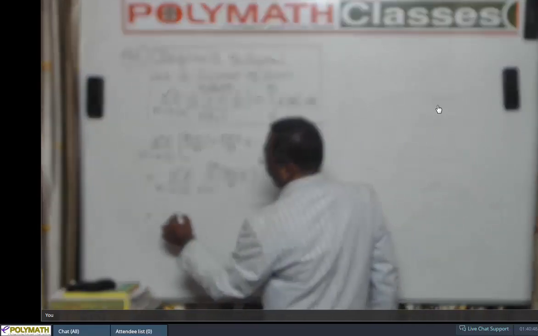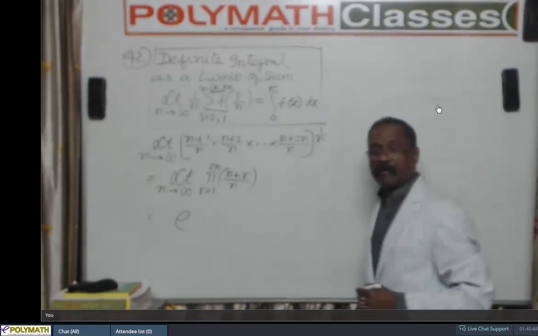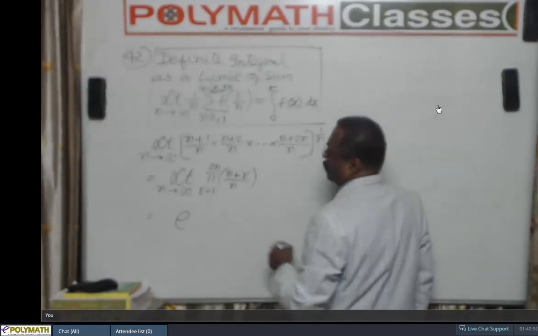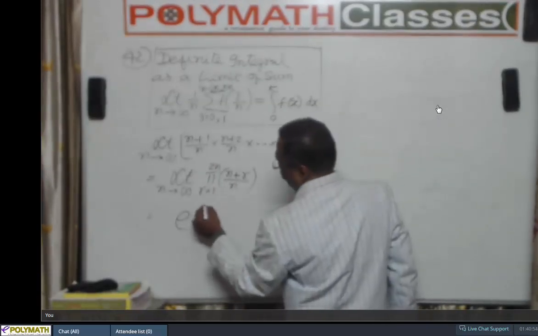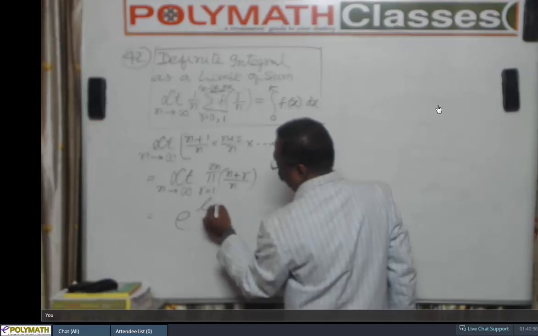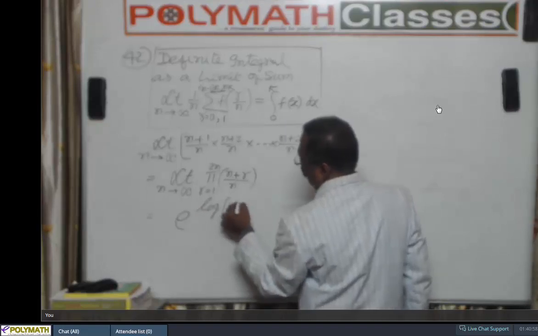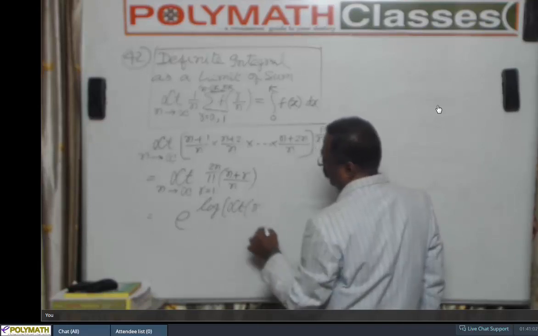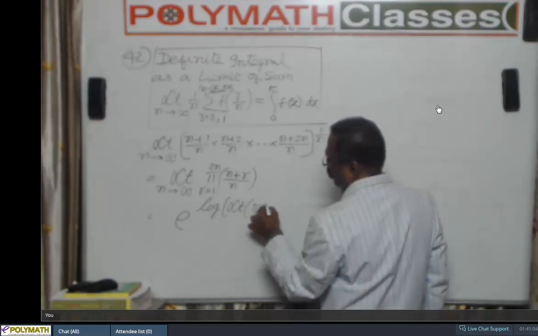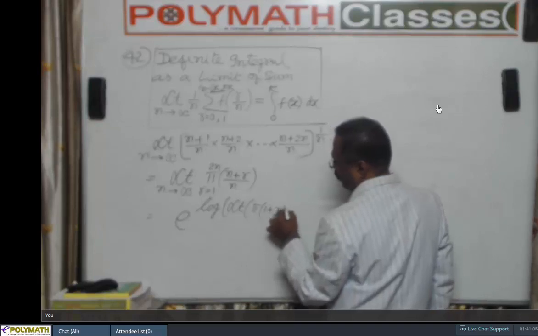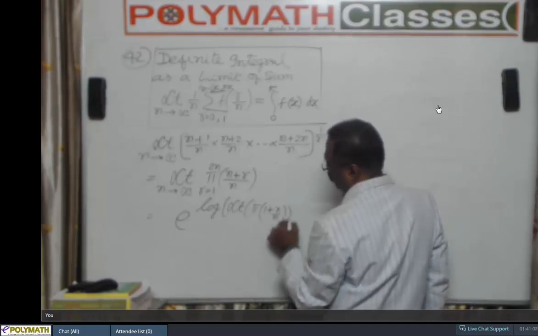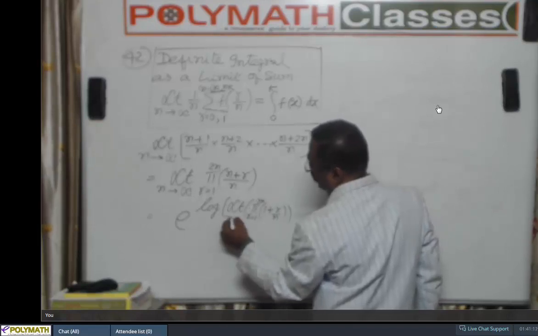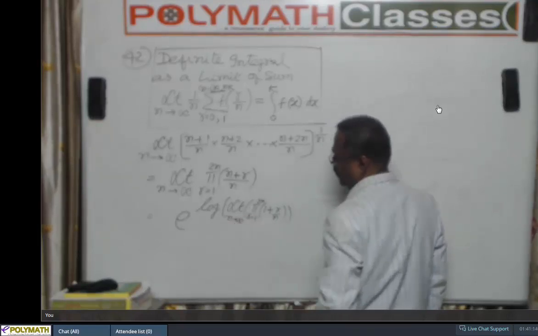Now I will be introducing e power log of this, log of limit of pi of 1 plus r by n, r runs from 1 to 2n as n tends to infinity.